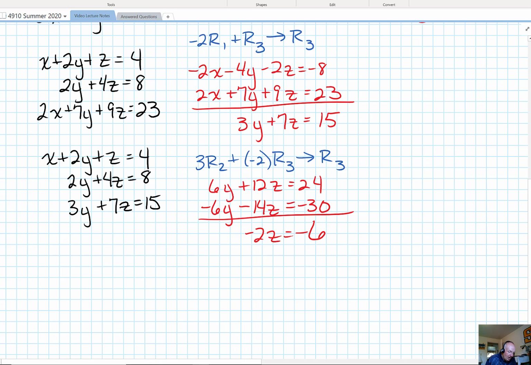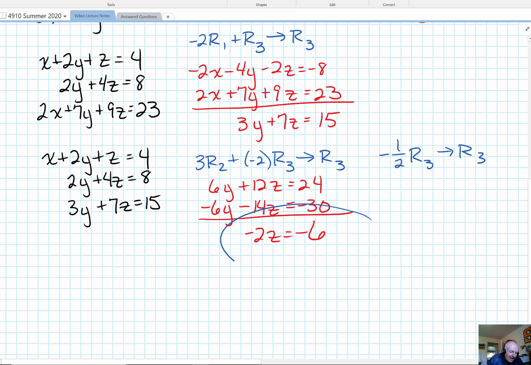Now, I should write that up here. That's going to be my new row 3. I can do one other thing. At this point, or any point along the line, I can notice that the entire equation has everything as a factor of 2. So before I write my new system, I'll go negative 1/2 times this row 3, and that replaces row 3.